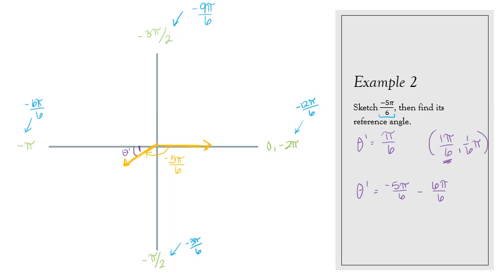No, you know what, that's not making sense. Thanks for bearing with me here. Because we're talking about negative radians, I have to make sure that we're talking about negative pi here. So my theta prime is equal to negative 5 pi over 6 plus 6 pi over 6, which means our theta prime is equal to pi over 6.